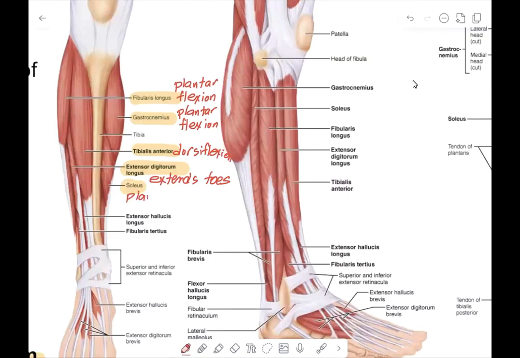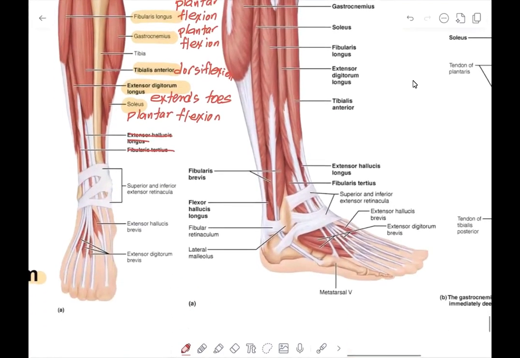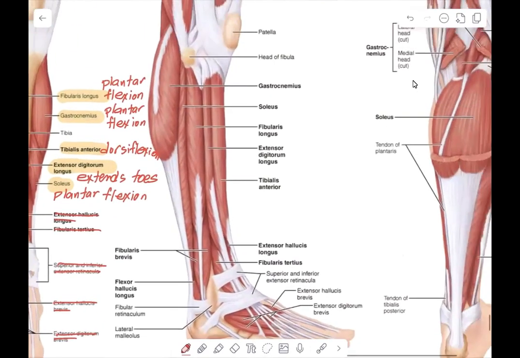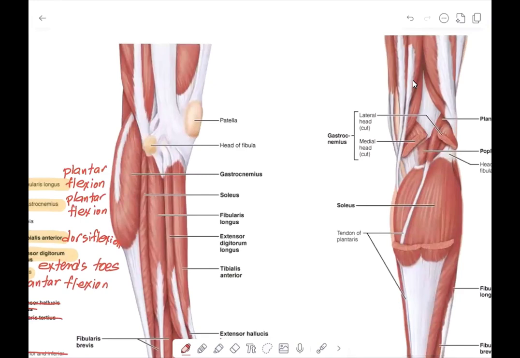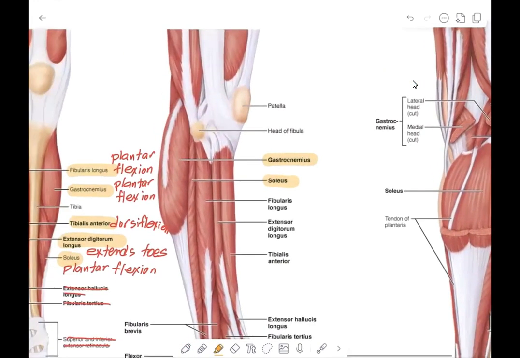So it's also responsible for plantar flexion. You're not responsible for the extensor hallucis longus or the fibularis tertius or some of the rest of them that are on this image.